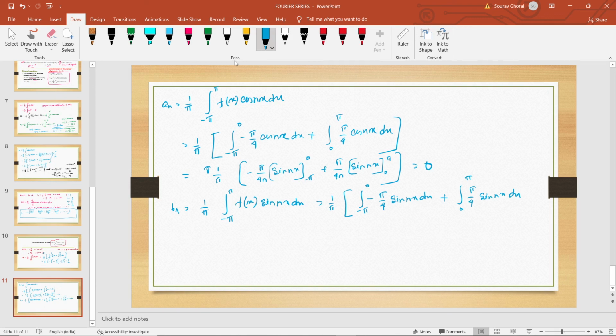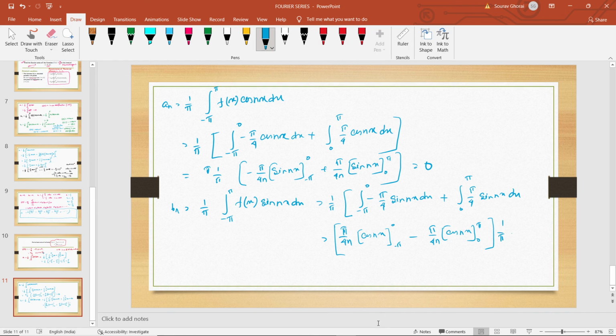And if we simplify it now, we will get 1 by pi times pi by 4n cos nx from minus pi to 0 minus pi by 4n cos nx from 0 to pi.